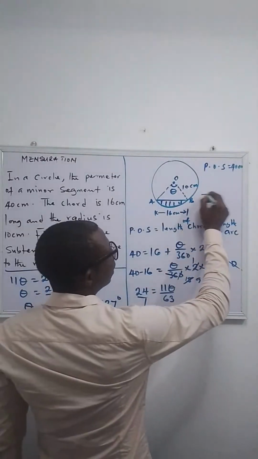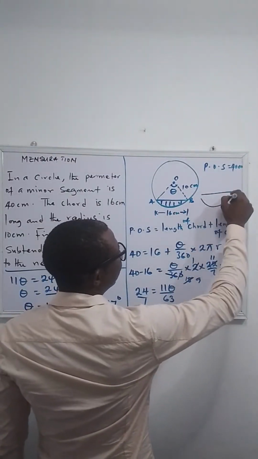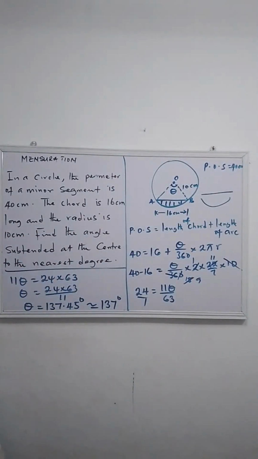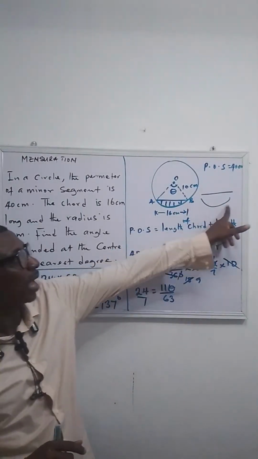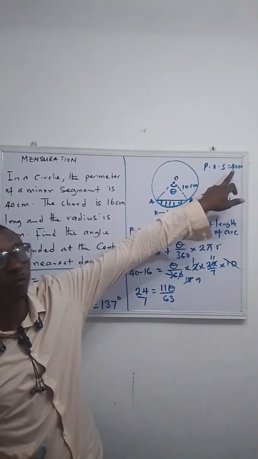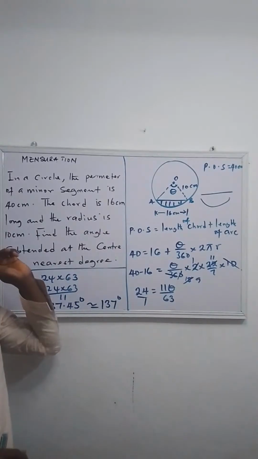We have a chord like this and an arc like this. Once you join them together, it becomes a segment. So take note of that. The addition of this arc length and this chord has been given as 40 centimeters in the question.